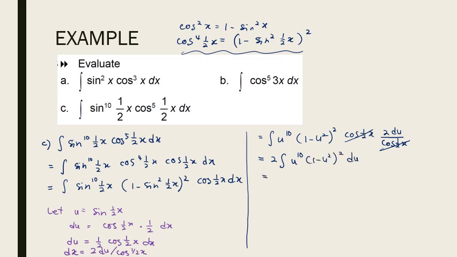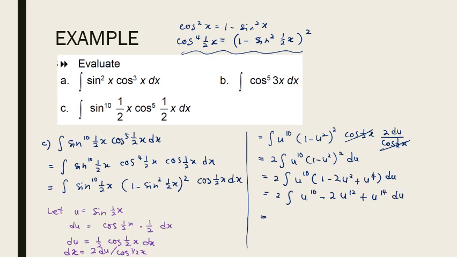Okay, simplify. So, inside the bracket becomes 1 minus 2u square plus u power of 4 du. So 2 integrate u power of 10 minus 2 u power of 12 plus u power of 14 du.